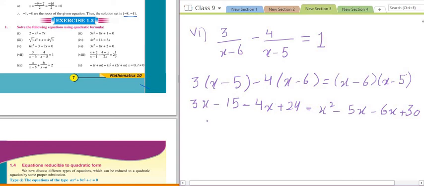You will get minus x, 3x minus 4x, minus 15 plus 24 is 9, equals x square minus 11x plus 30.